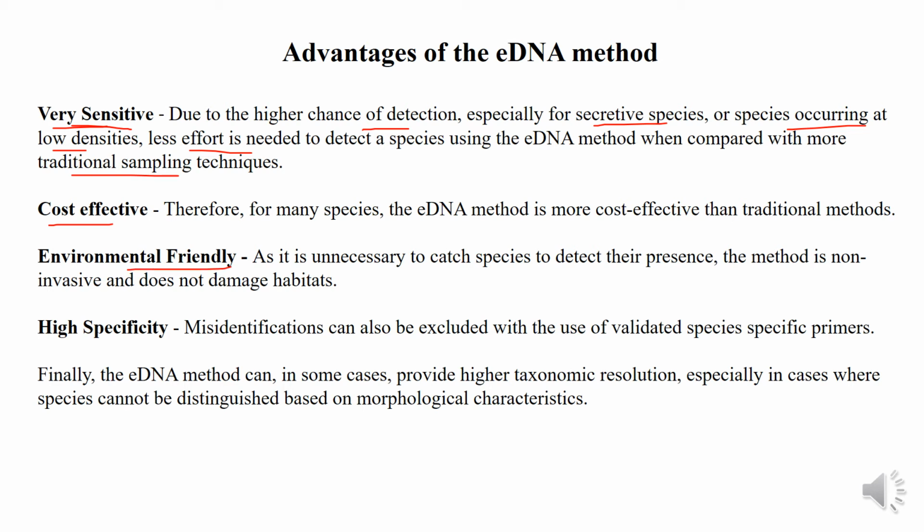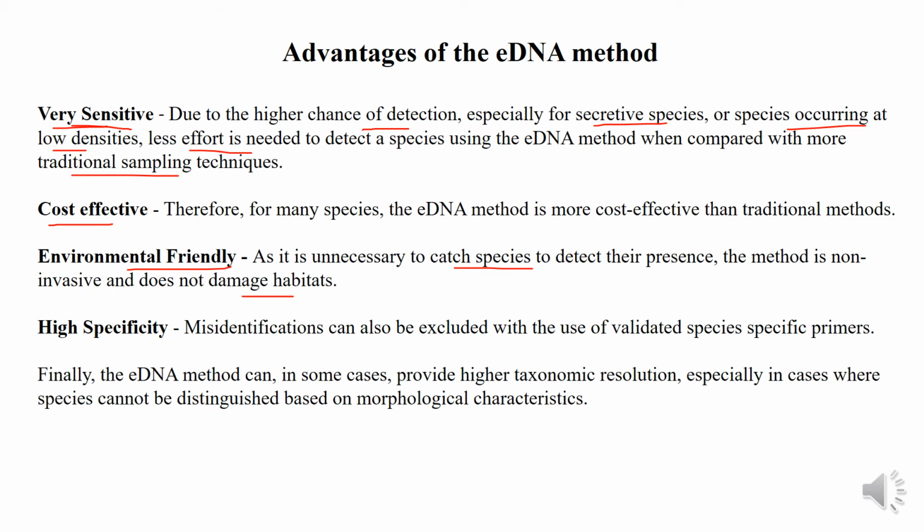Why is it more environmentally friendly? Because you need not capture the species, you need not disturb or damage the habitat, and you need not catch the species to detect their presence, or take a direct sample from that particular individual.